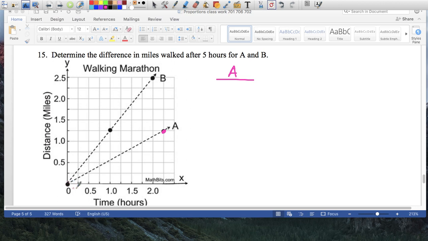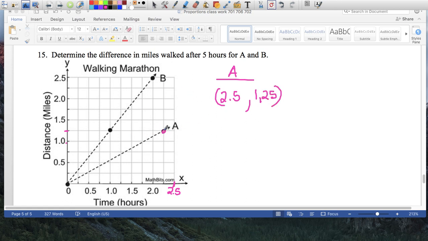Our graph is going by 0.5 every 2 units. 0.5, 1, 1.5, 2. This one over here is 2.5. So when x is 2.5, my y value is between 1 and 1.50. What's between $1 and $1.50? 1.25.